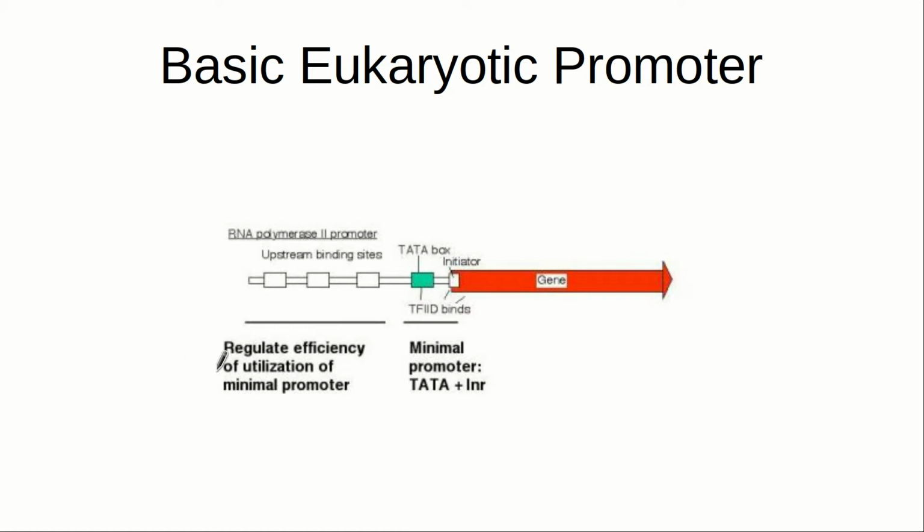So right here, regulate the efficiency of utilization of the minimal promoter. And here's your minimal promoter. And notice it has a TATA and an INR. You do not have to have a TATA. You do have to have an INR, though.